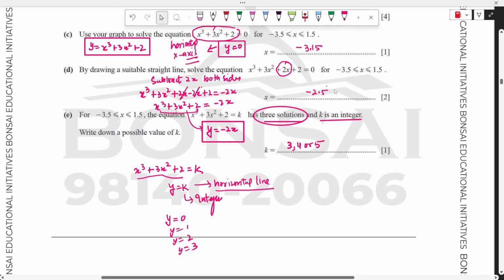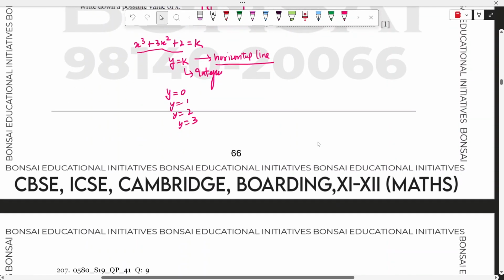So if we are having y equal to 3, then the equation will be having 3 solutions, and y equal to 4, the equation would be having 3 solutions, and y equal to 5, the equation is going to have 3 solutions. Okay, let us see one more problem here.